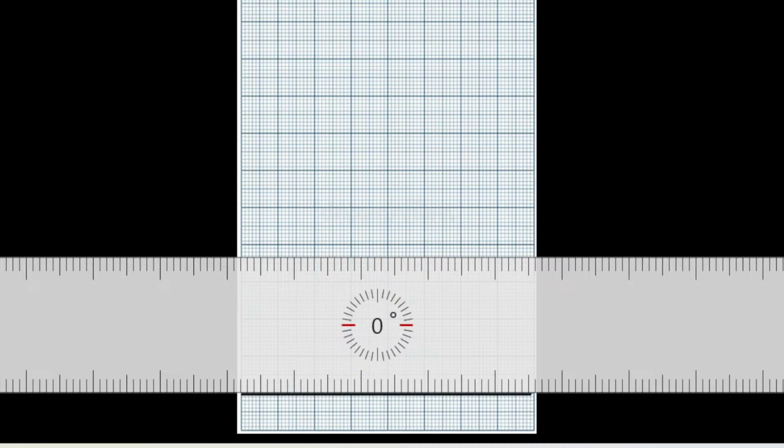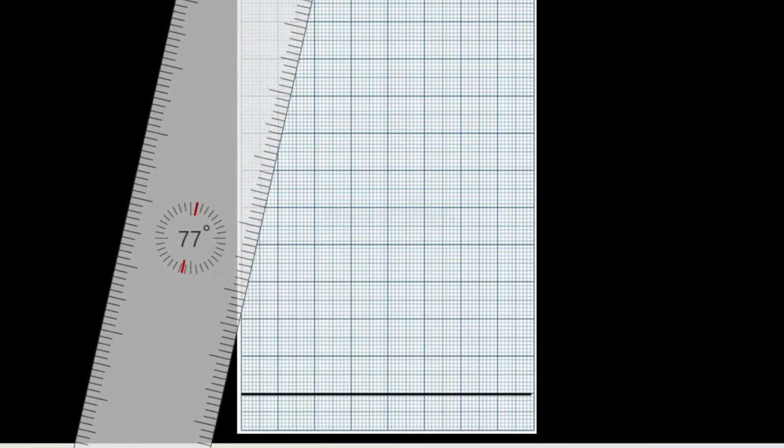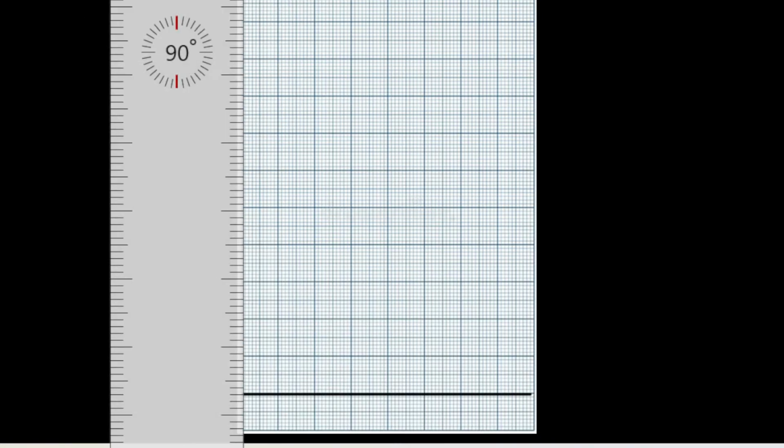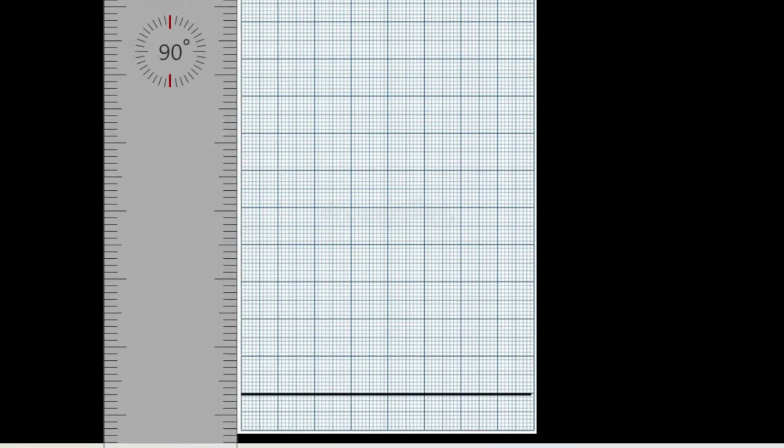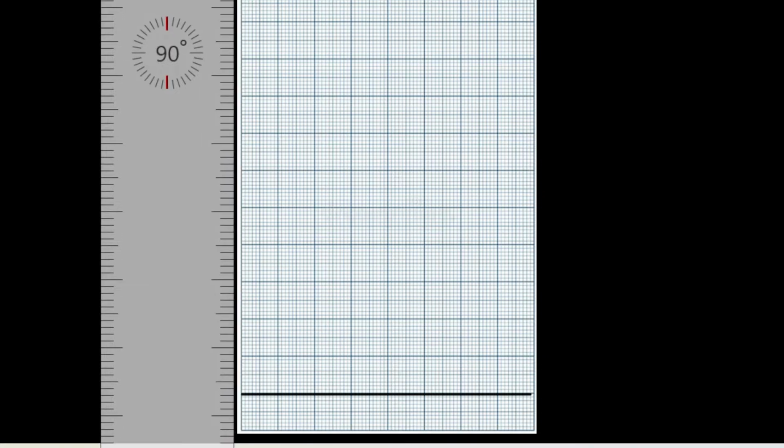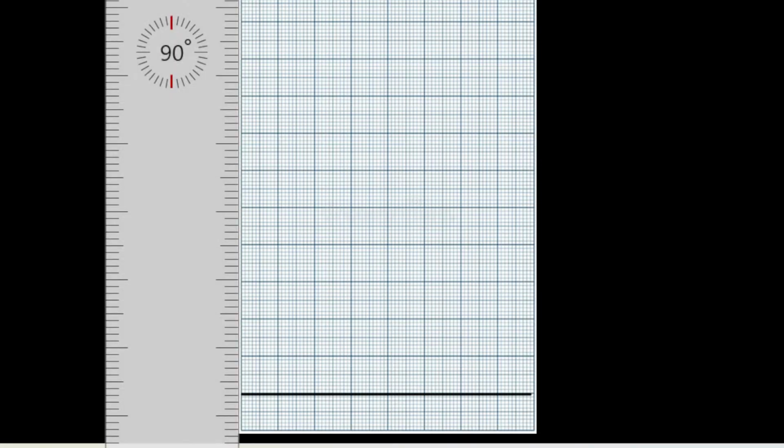So class intervals along the x-axis and frequencies along the y-axis. Because of less space, I'm just writing here itself, because I have very limited space over here, but you can draw it properly.